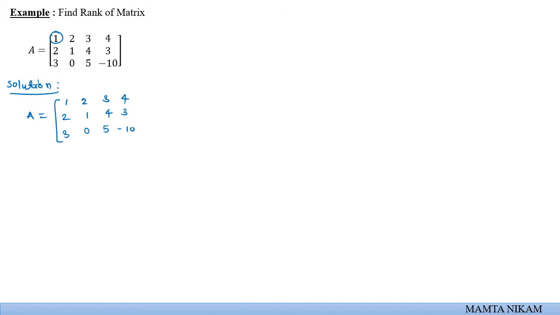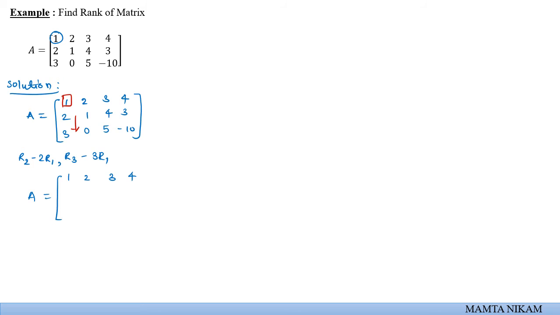Now next we have to perform transformations such that all elements below the first element should be 0. So the first transformation we can perform is R2 minus 2R1 and R3 minus 3R1, and therefore the matrix turns out to be 1 2 3 4. The first row remains as it is.